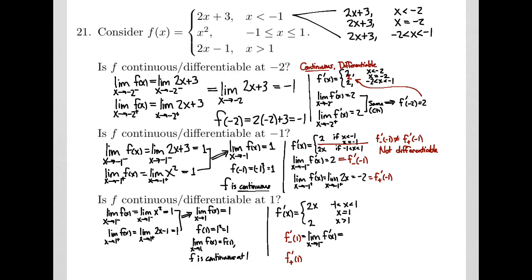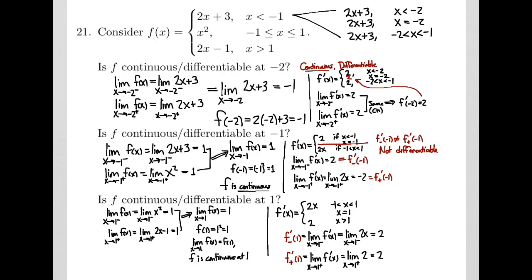So coming from the left, I'm using the formula 2x. And when you plug 1 in, you get the number 2. Coming from the right, my derivative formula is simply the number 2. And that's the value of 2.